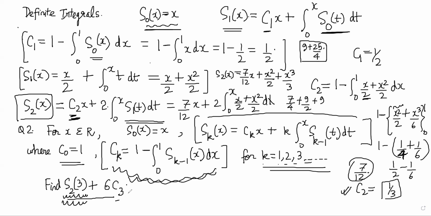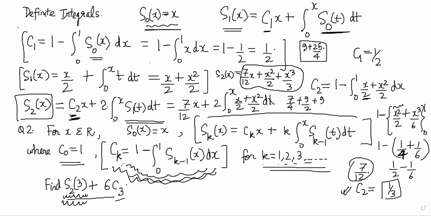And I just need to find C3 now, right? It's a simple enough process, you just have to calculate it. I have found S2 of x. S2 of x is 7x by 12 plus x squared by 2 plus x cubed by 3, right? So it's just integrating that and subtracting it from 1, right?